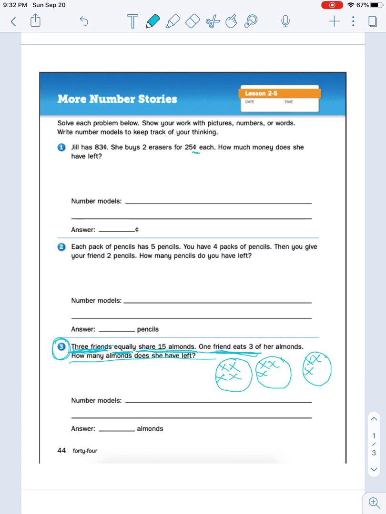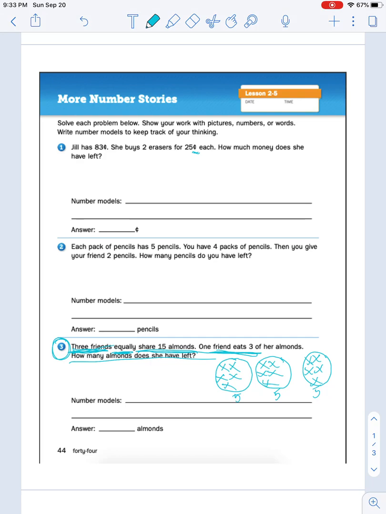I've used 3, 6, 9 now. And let's give another one, see if we're almost to 15. 3, 6, 9, 12. Oh, we're still not there yet. Let's give each person another one. Okay, so this one has 5, this one has 5, and this one has 5. Okay, so 5 plus 5 plus 5 I know is 15. Perfect. I equally shared them among the 3 friends, the 15 almonds, okay?